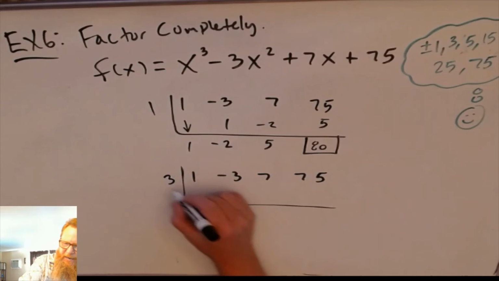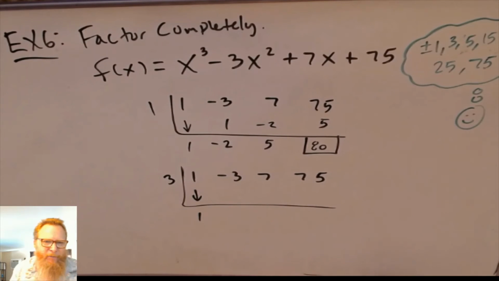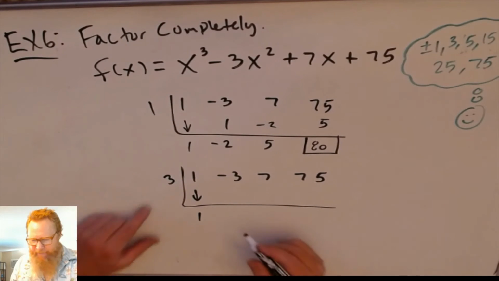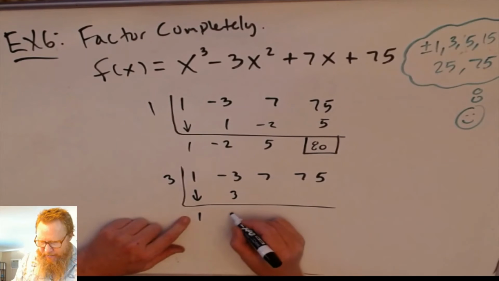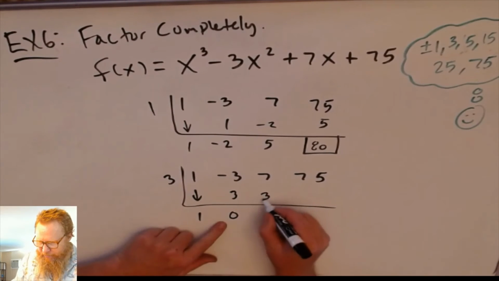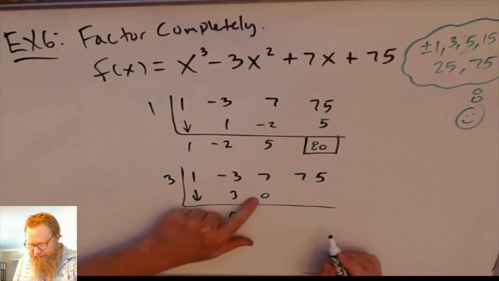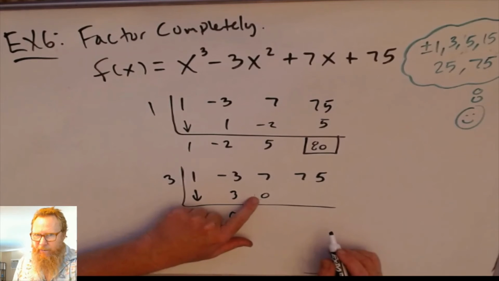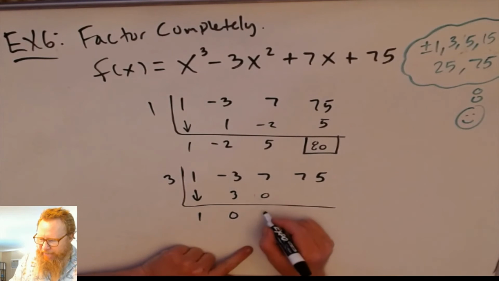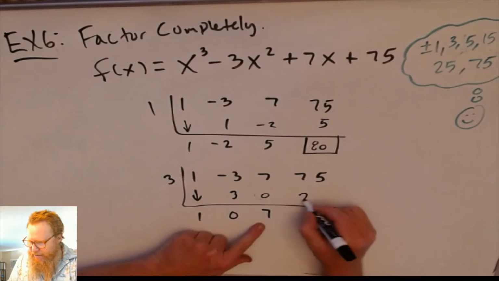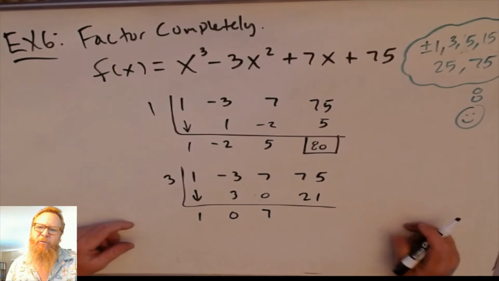Let's try 3. I don't really have a strategy at this point. Just try everything. 3 times 1, and then 0, and then 3. Oh, nope, not 3. 3, 0, 0. Oh, God, I hope I didn't make that mistake earlier. 7 and 0 is 7, and 21. I'm almost there, but not quite. Nope.